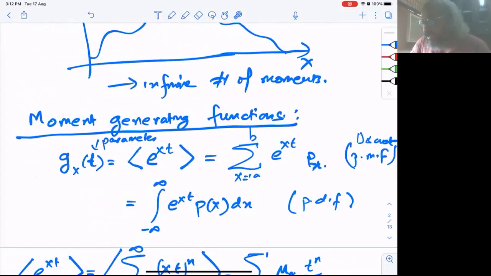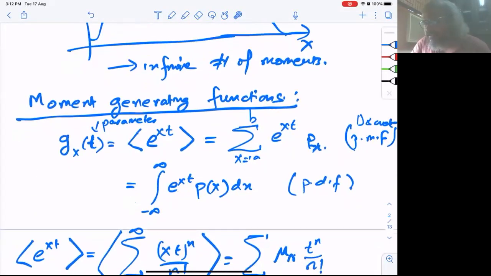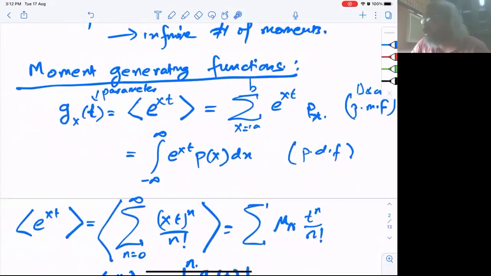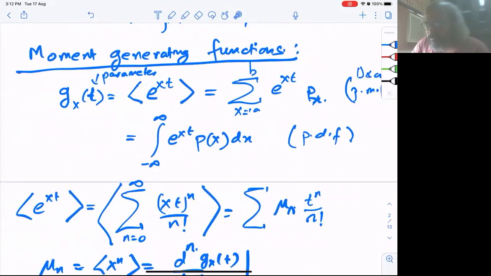I'll give the notes, and I'll just state that all the students are experts in probability distributions. One property of probability distributions which really helps to understand data, and this whole theory of inference, is the moment generating function.